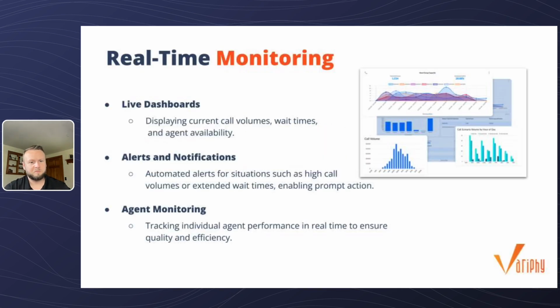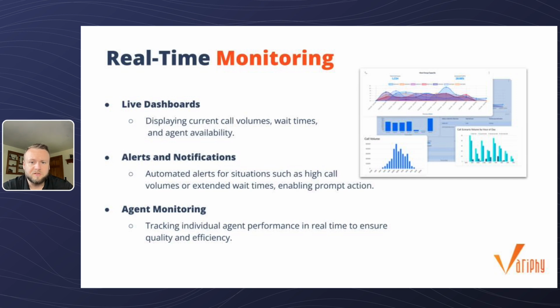As much as I love the simplicity of running weekly reports and having those reports automated, there is something that's not quite comparable when we're talking about real-time monitoring and dashboards, because these are going to provide valuable insights into current call volumes, wait times, agent availability, and agent status.